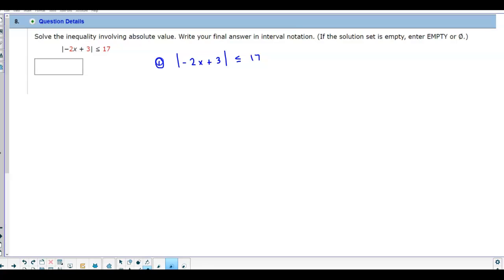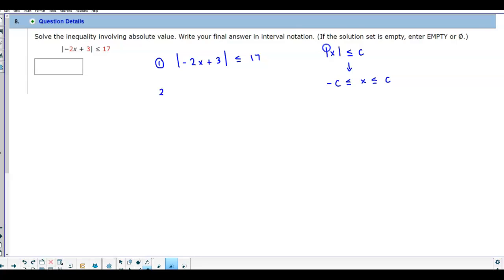So now we need to look at the definition of the absolute value of an expression when it is less than or equal to a constant. And so that definition says that you're going to have negative c on the left, positive c on the right, and that the value of that expression is going to be in the middle.